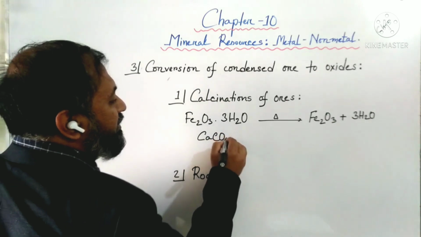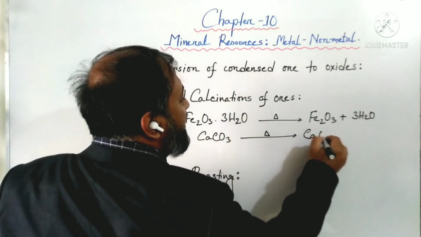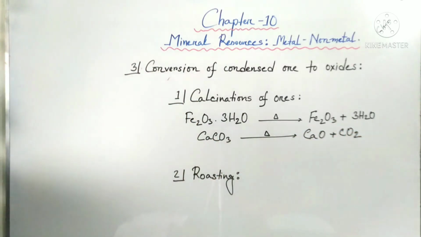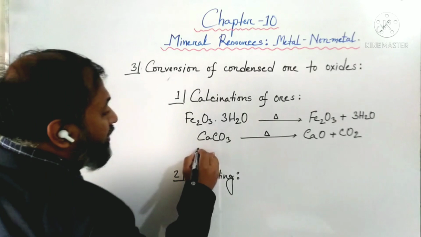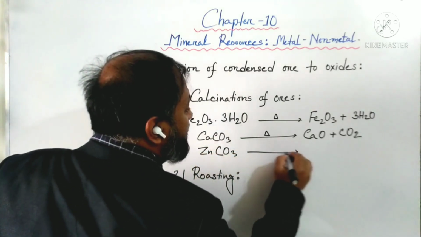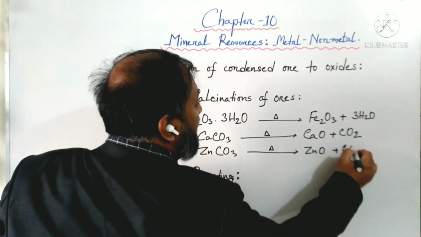You can see when we heat up calcium carbonate, it will produce calcium oxide and carbon dioxide. Similarly, when we heat up zinc carbonate, it will produce zinc oxide and carbon dioxide.